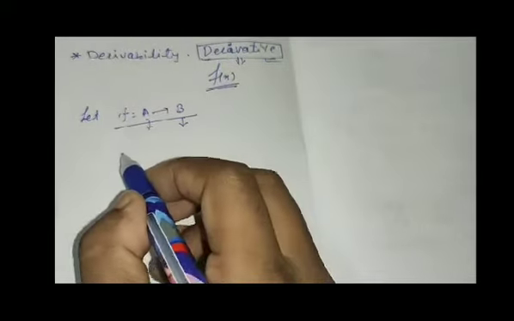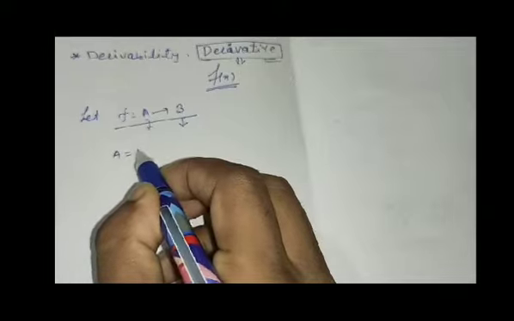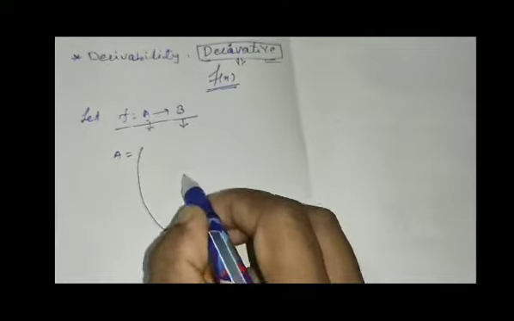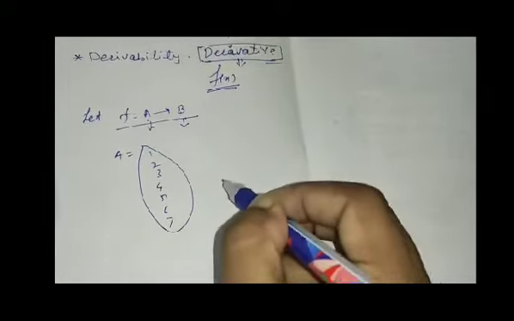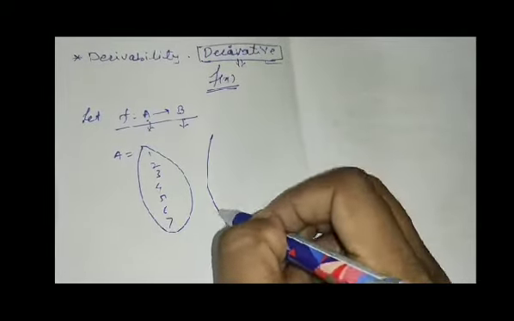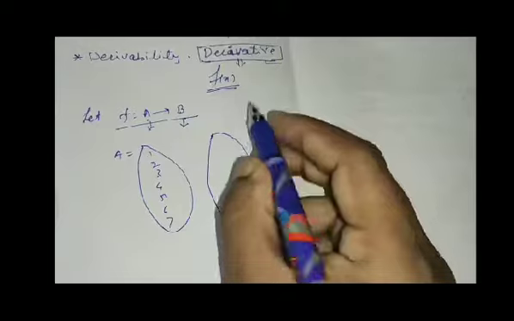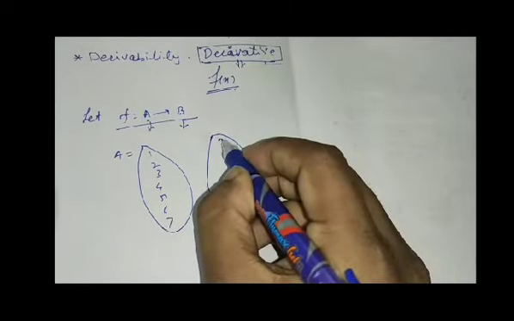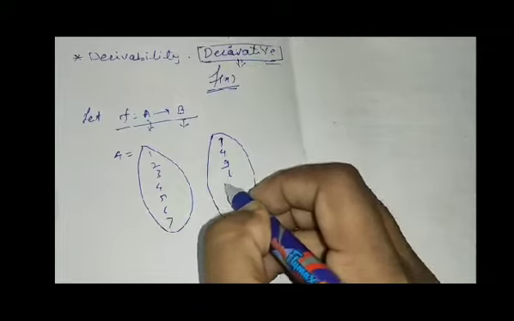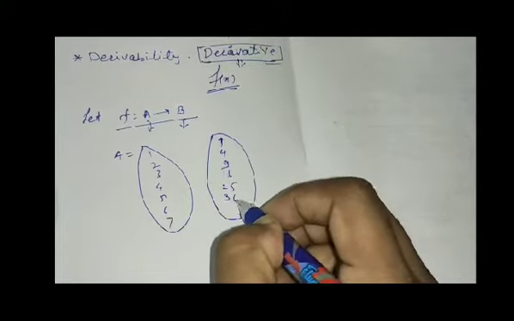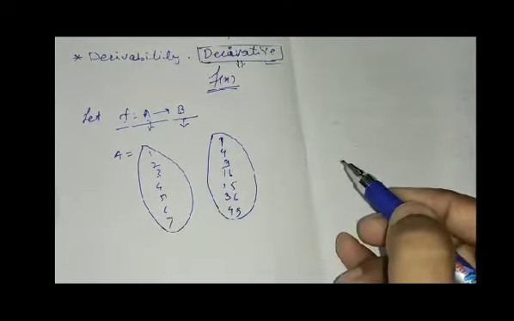Suppose we consider A to be the set 1, 2, 3, 4, 5, 6, 7, and B to be another set, like this.